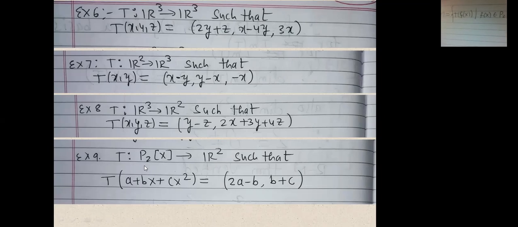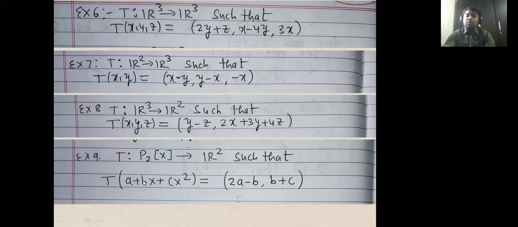Now that f(x) we can write as a plus bx plus cx squared, as written in the question, the same way we will write it. So that is equal to T of (a plus bx plus cx squared) such that a plus bx plus cx squared belongs to P2(x).